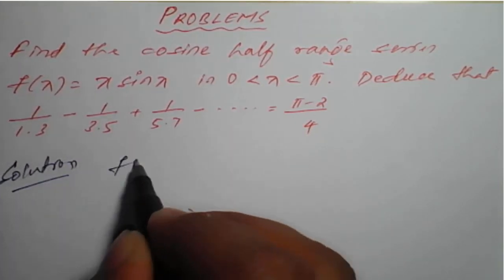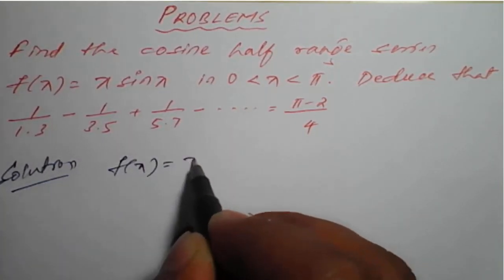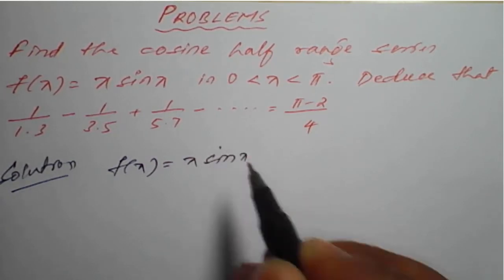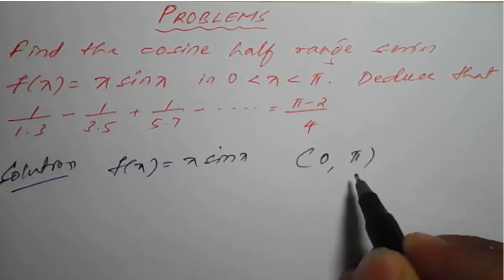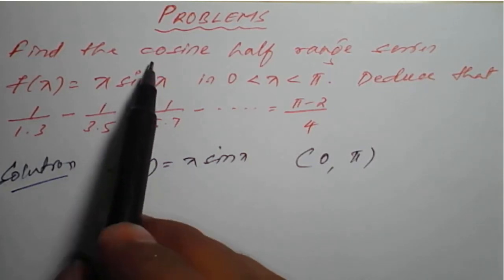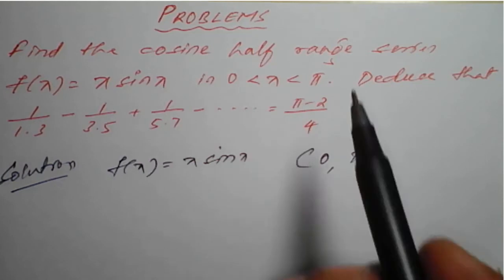So the given function is f(x) = x sin x, and the range given is 0 to π. We need to find the cosine half range series.